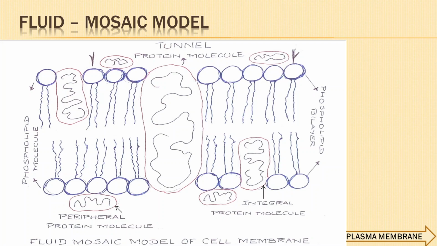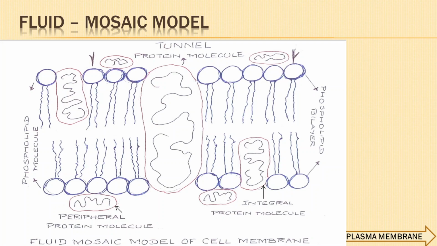Carbohydrates or oligosaccharide molecules present in the exposed surface of the cell membrane are associated with proteins as well as lipid molecules. They help in cell recognition and cell binding.